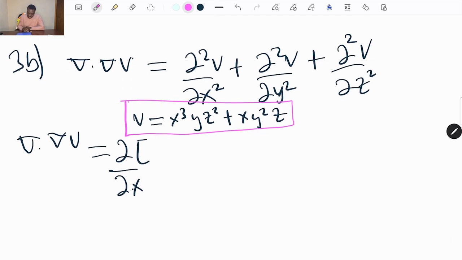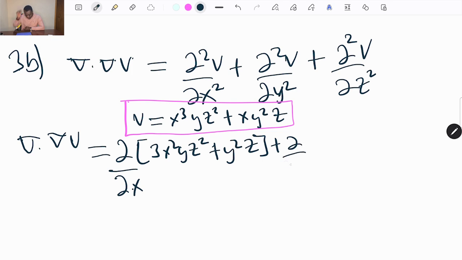Now, based on the formula I wrote, it's going to take the second derivative of the function. Taking the first one, we differentiate with respect to x. So here will be 3x squared y z squared plus y squared z. That's for the first derivative. We do the same for the next one. We differentiate with respect to y.